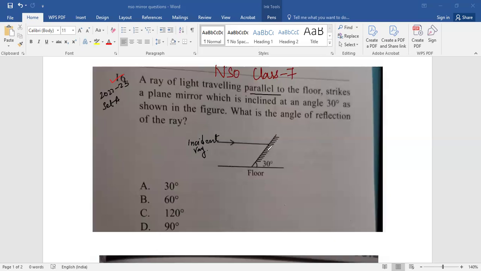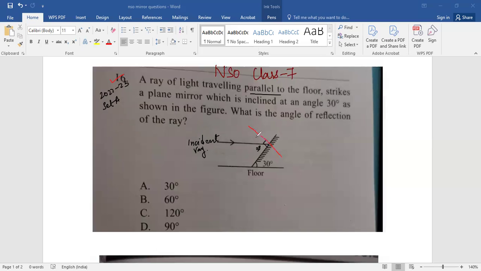since this is parallel to the floor, this is 30, and this will also be 30. These are alternate angles. Then we draw a normal here. So this is my normal. This and this will become a 90-degree angle.